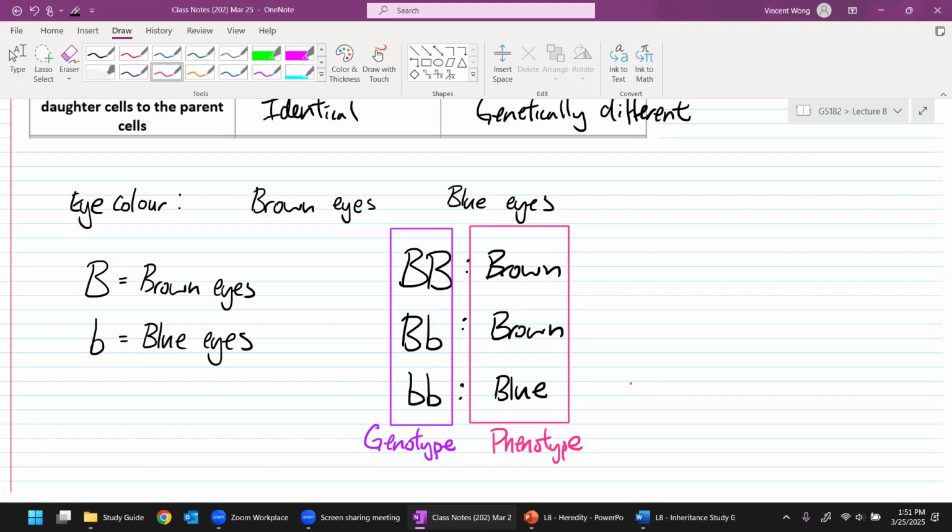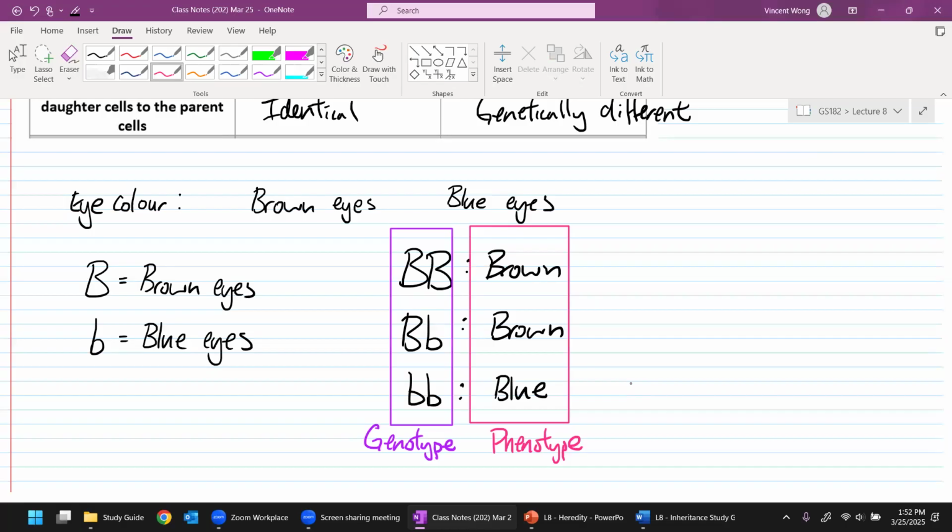So my point is this. Two people with the same phenotype does not necessarily have the same genotype. Please write that down.